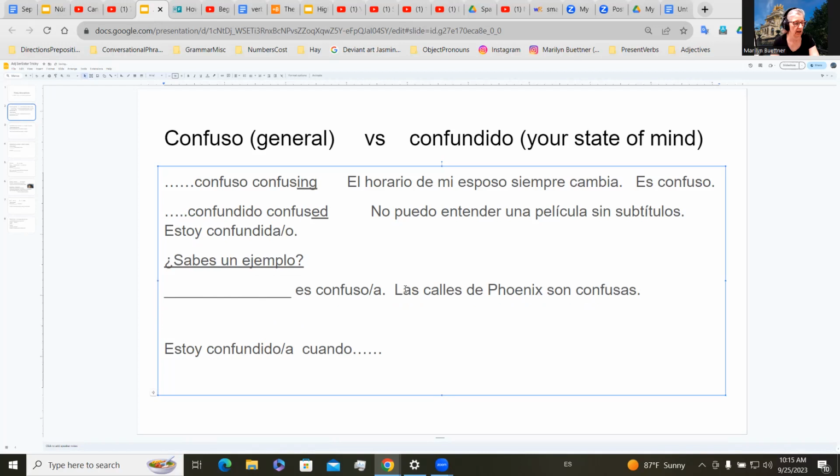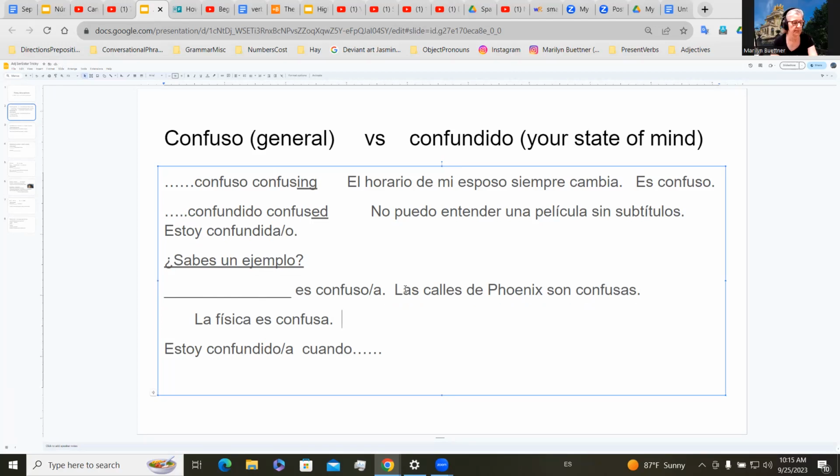O, por ejemplo, la física, meaning physics, that school subject, sí, es confusa. ¿Sí?